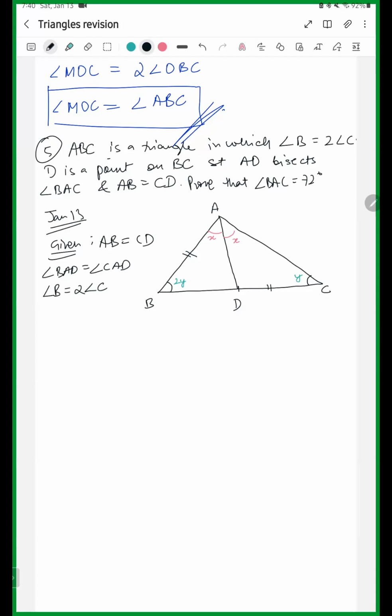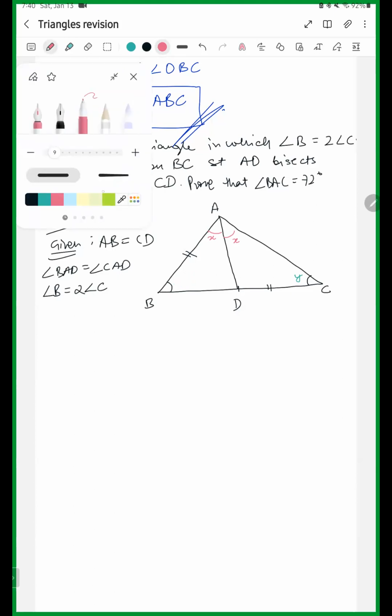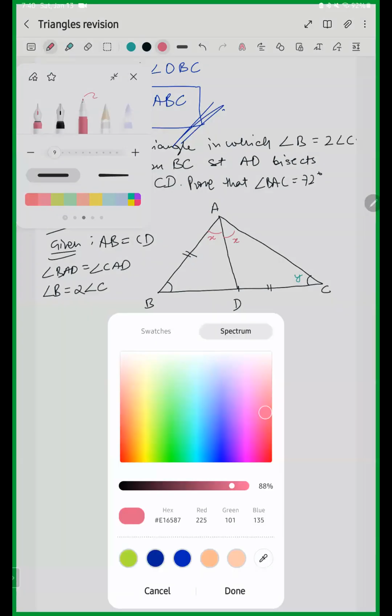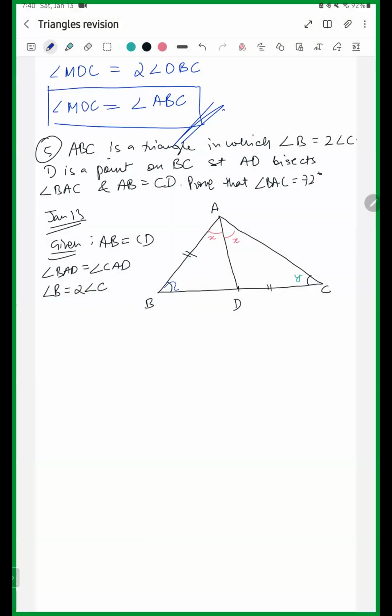So let's do one thing. Now we have to do a construction. Let's take a line segment such that this angle is getting bisected.